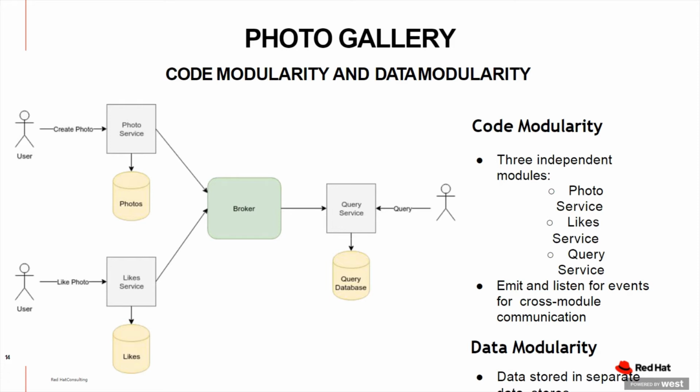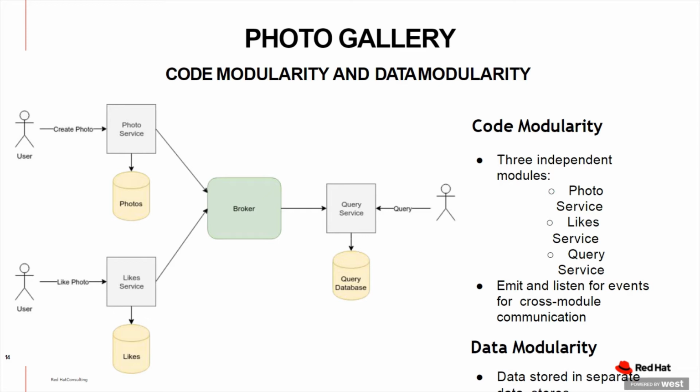And the query service here is listening for both the messages coming from the photo service as well as the like service, and it is storing the information in its own database in order to be able to later answer the more complex queries, like, for example, what are the most popular photos in a given category.